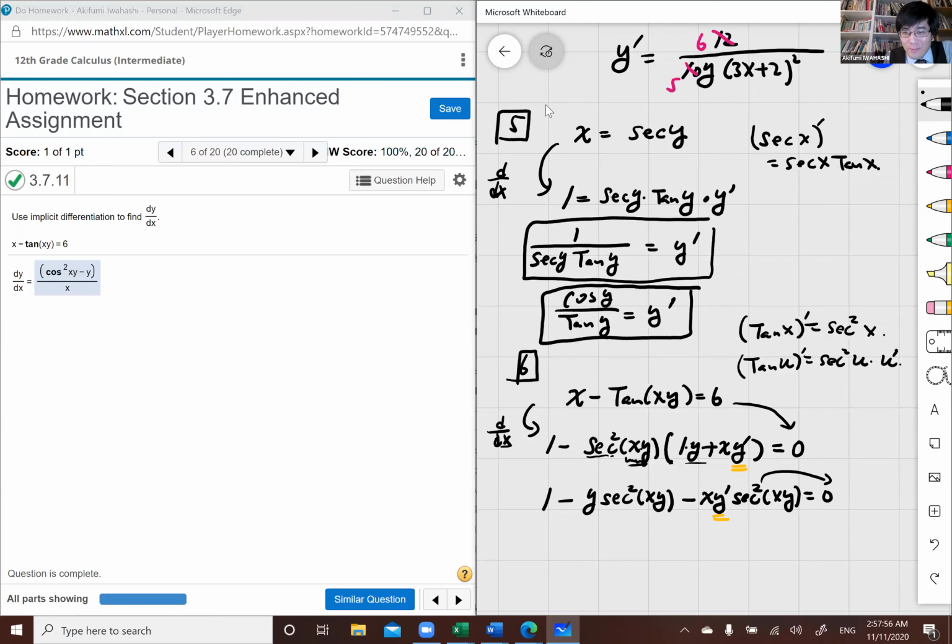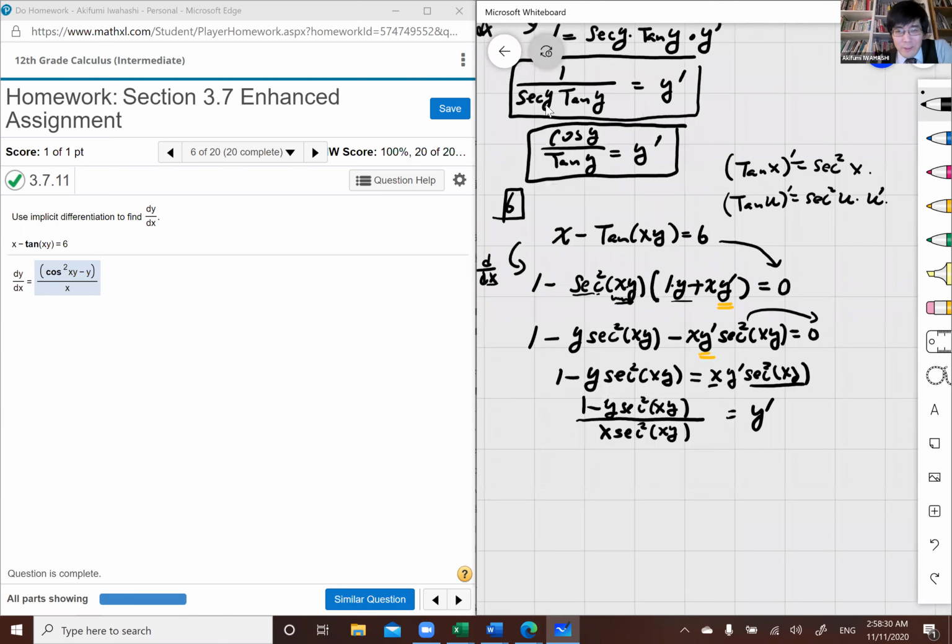And so you get 1 minus y secant square xy is equal to x times y dash times secant square xy. And divide both sides by this stuff. You're gonna get y dash is equal to (1 minus y secant square xy) over (x secant square xy).